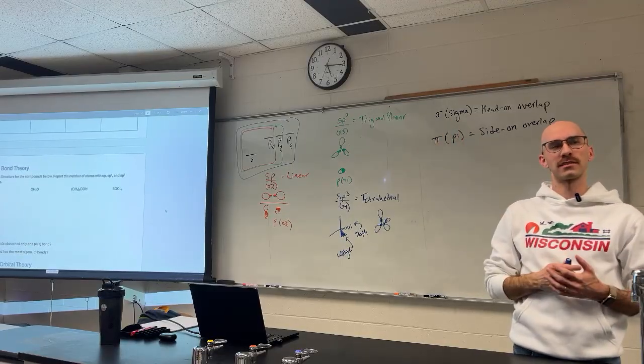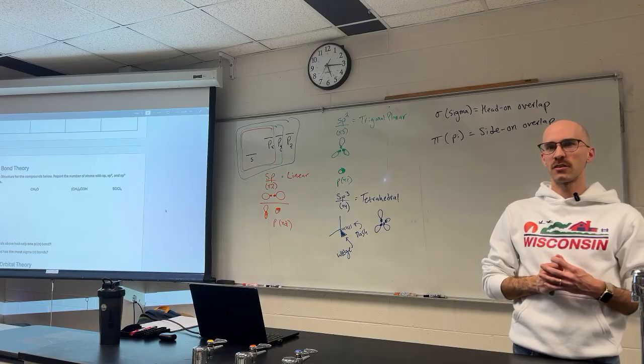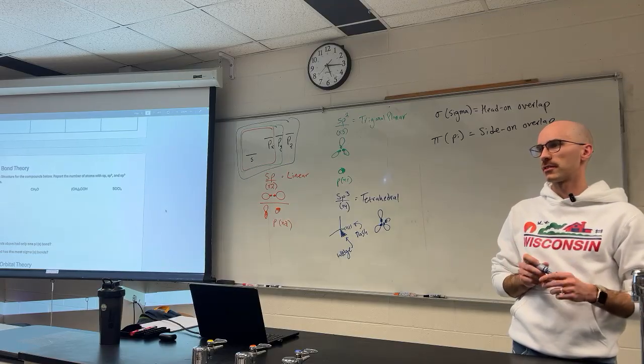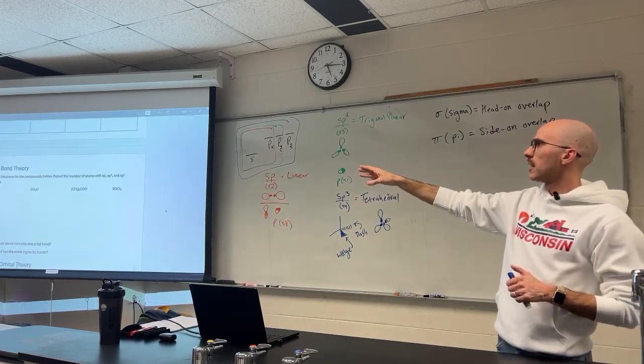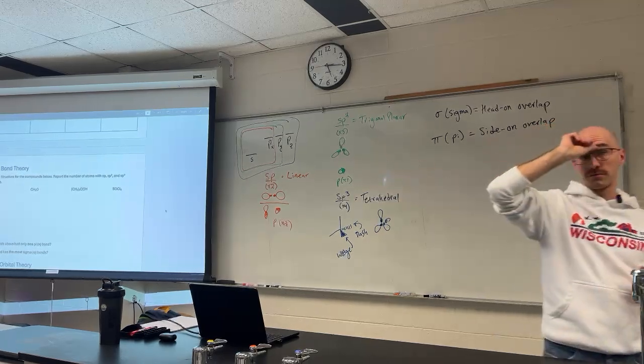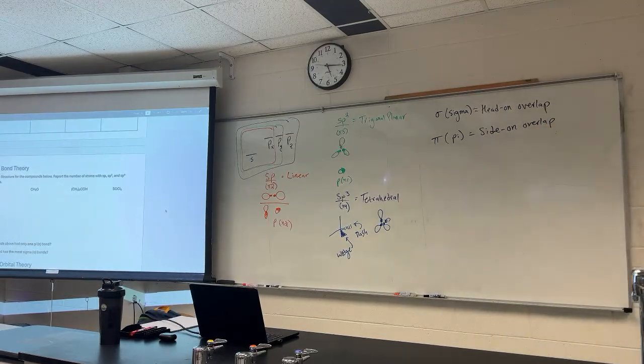Start sketching them in the next 10 minutes and start looking for hybridizations at central atoms. For instance, the carbons and the sulfur. If you have questions on it, I'm going to be coming around so I can try and push you in the right direction, but feel free to collaborate. 10 minutes. So at the 5, I'm going to have the answers up on the board and we're going to start talking about them.